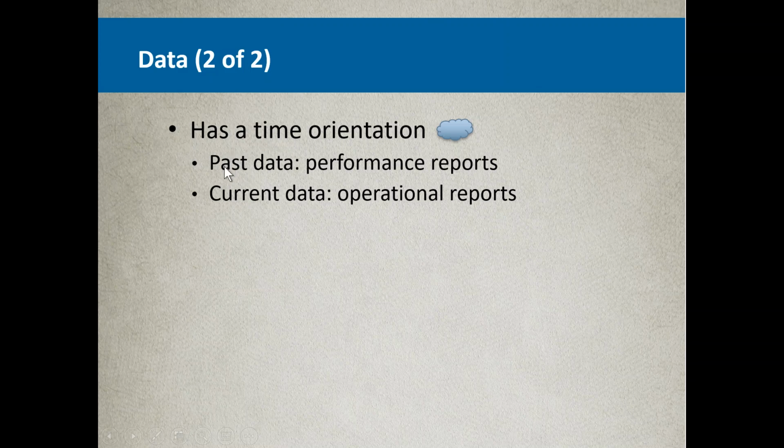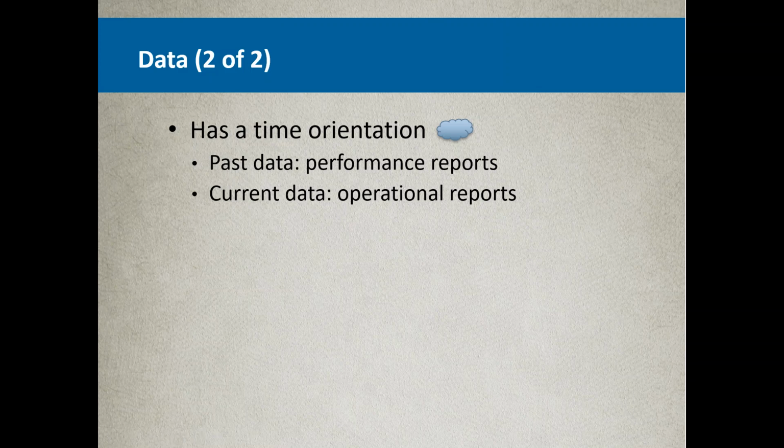So you want that timestamp data, but also you have to consider there's current data, what's going on right now, and that's what we use for operational reports. So for example, we've looked at past performance for students. In the past, how many students were coming in compared to how many students are coming in today. Also, coming in today, we need to do day-to-day operations.